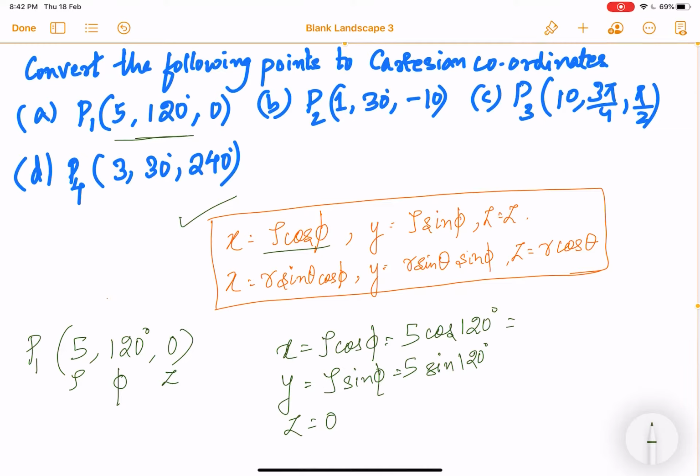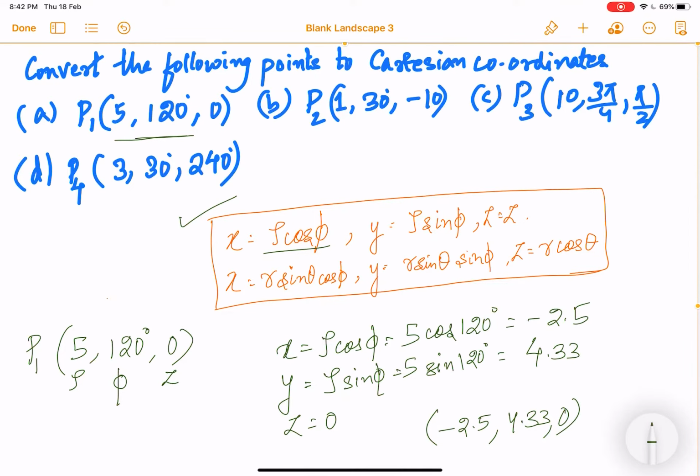This is minus 2.5. You can use your calculators for this. And then 5 sine 120 degrees will be 4.33. So my coordinates will be something like this.